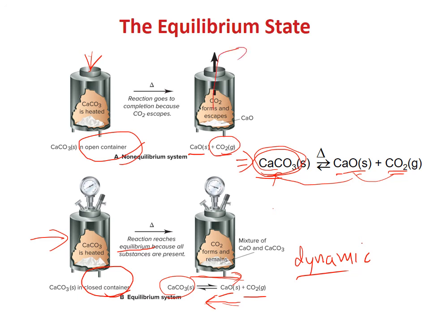And because the product escapes from the container, it cannot combine to go back to the reactant. So with time, more and more calcium carbonate is consumed until all of it is consumed, and the reaction will complete. This is an example of a non-equilibrium system.